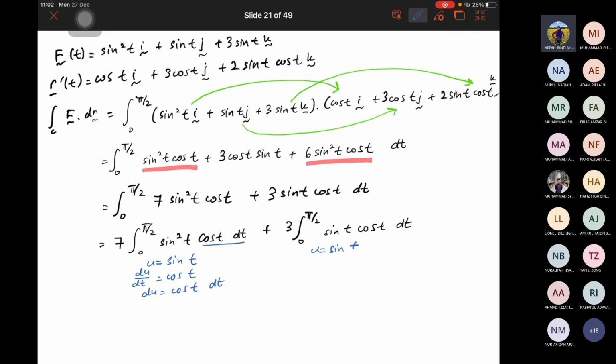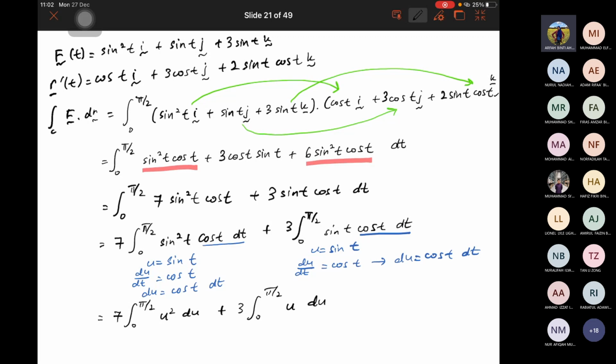So, by using substitution, 7 integral 0 to pi over 2 u kuasa 2 du plus 3 integral 0 to pi over 2 u du. So 7 u kuasa 3 per 3 plus 3 u kuasa 2 per 2, 0 to pi over 2. So gantikanlah.